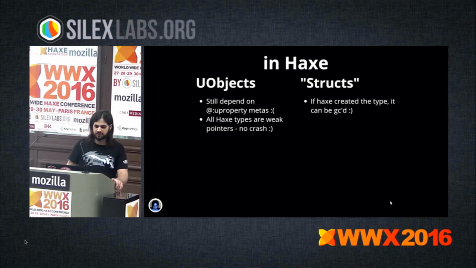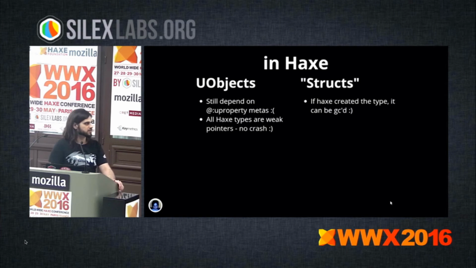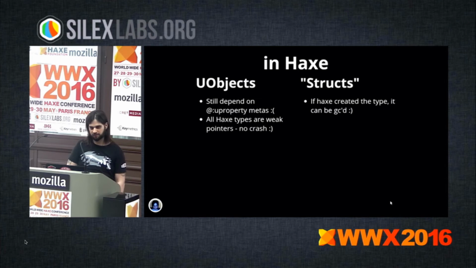Okay, in Haxe, the UObjects still depend on that uProperty metadata, so you can't have Haxe garbage collection taking over them for technical reasons, because we'd have two garbage collection systems working together, and that doesn't work.